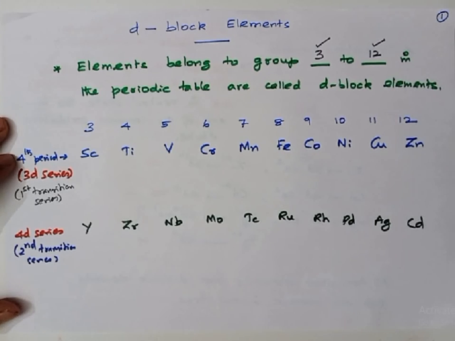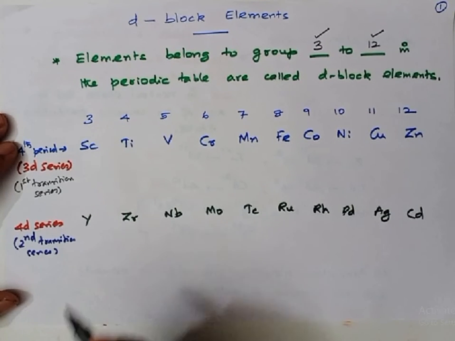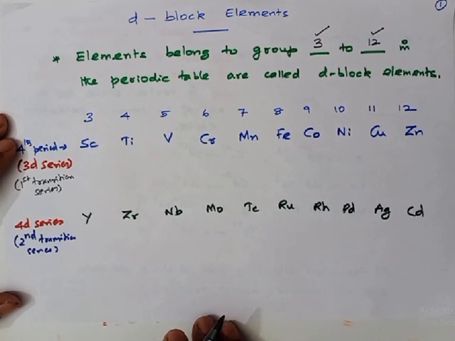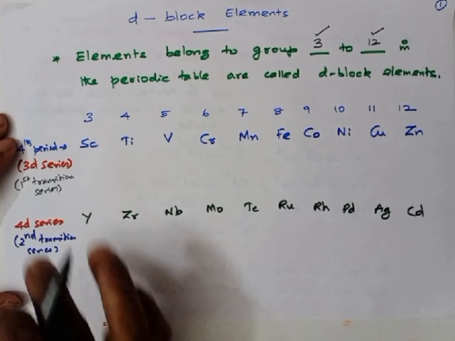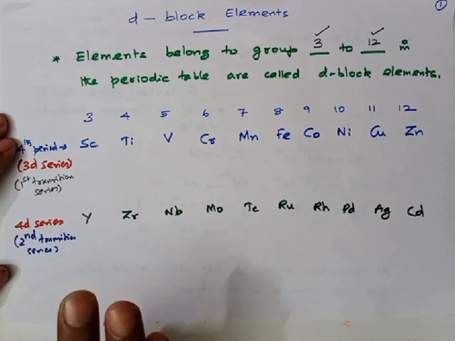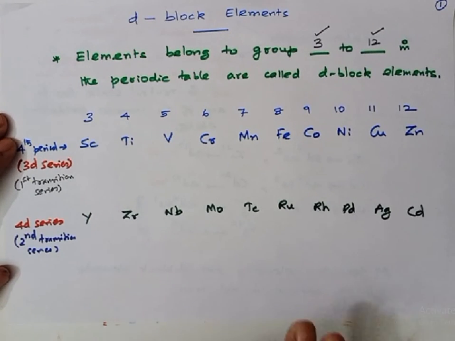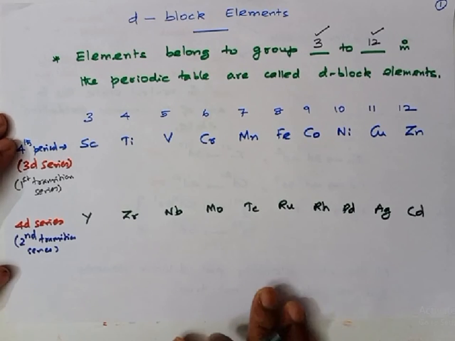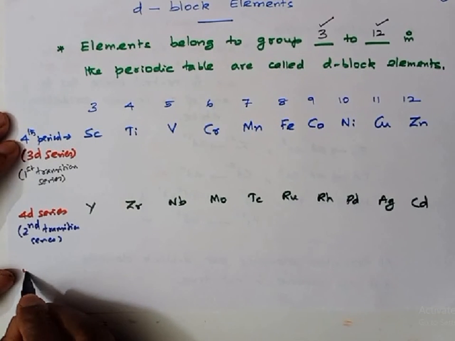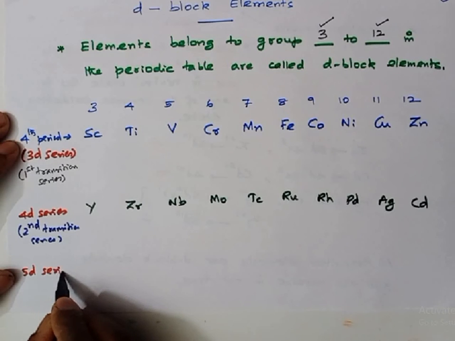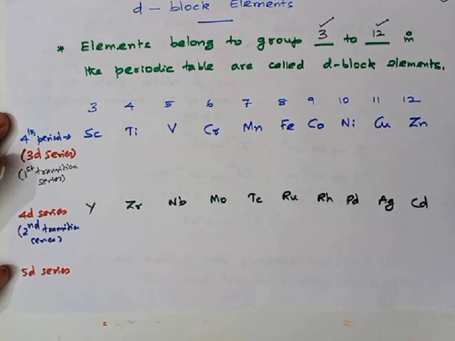Then we have two more series, but the 3D, 4D, 5D series are very famous. These elements are very famous, so I am not going to discuss the 6D series here. The next one is the 5D series, also called third transition series.